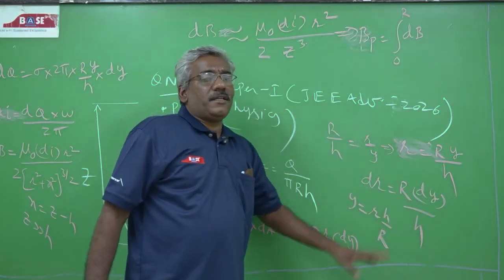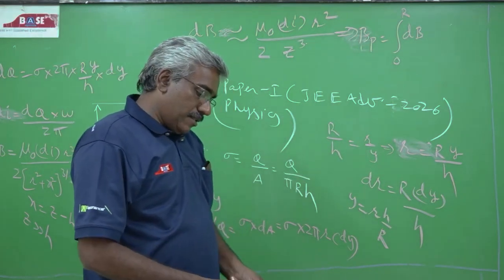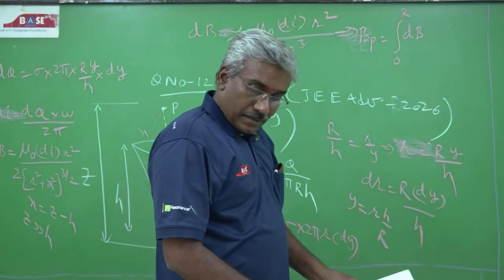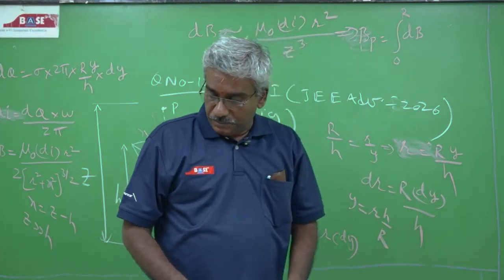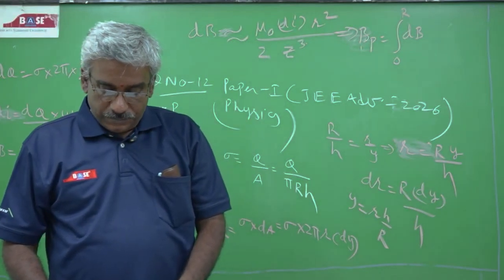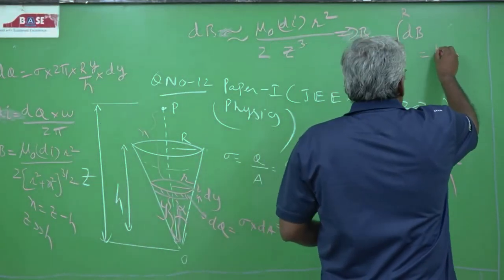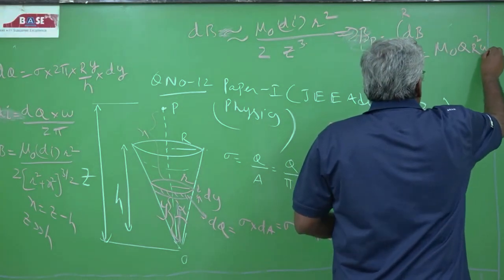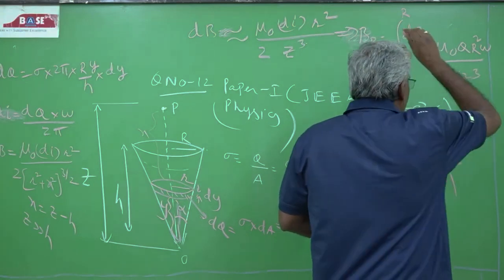If you do the integration, then the result is mu naught q r square omega whole divided by 8 pi z cube.